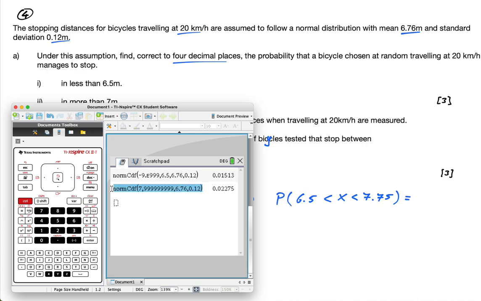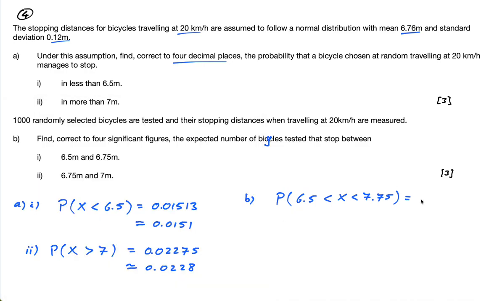You can do this too, guys, if you want. You can just copy and paste this and change it here to 6.5 and then 7.75. And then this is the mean and this is the standard deviation. So this is 0.98487.